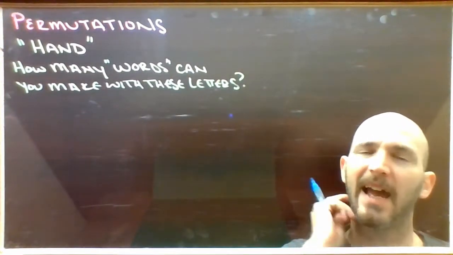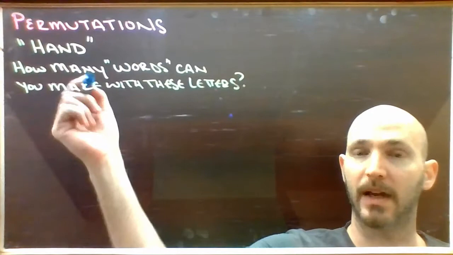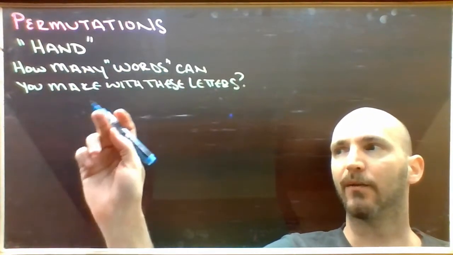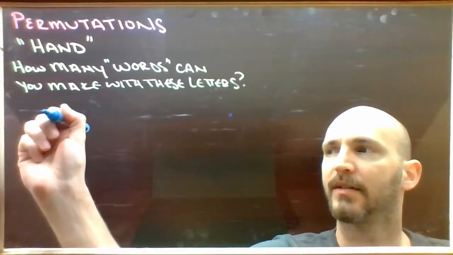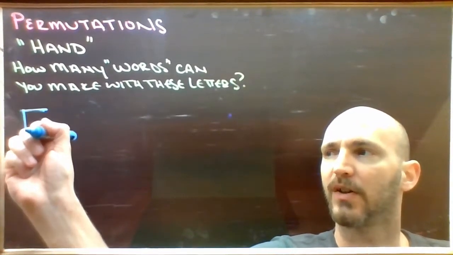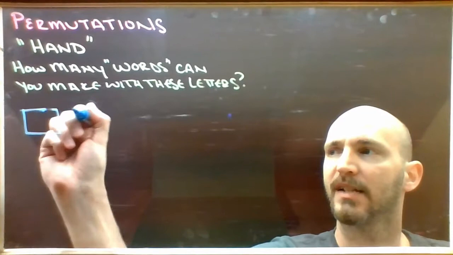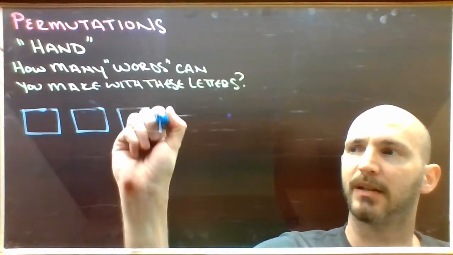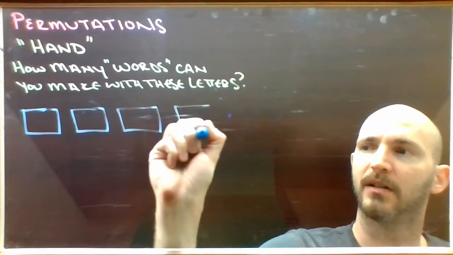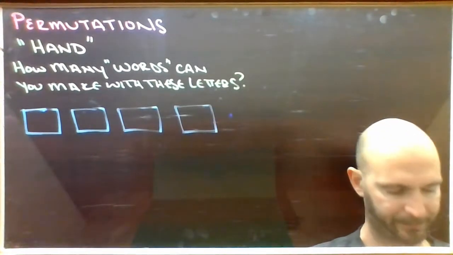So hand has 4 letters, and we're making 4-letter words because we're using all of them. So here's a slot for my first letter. Here's a slot for my second one. Here's a slot for my third one. And here's a slot for my fourth one.